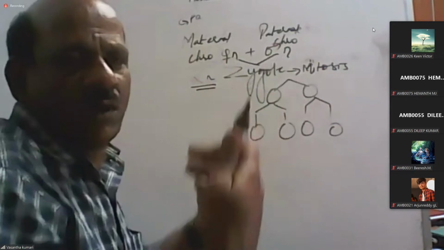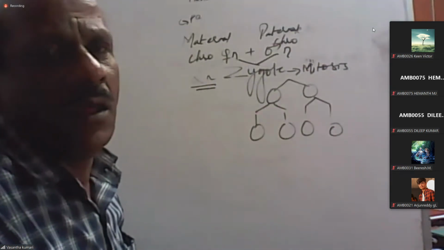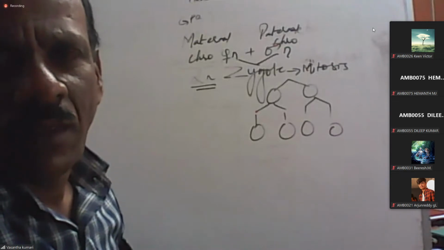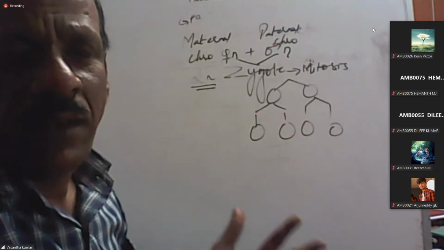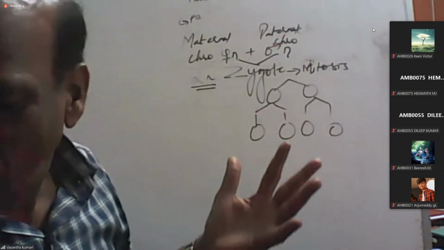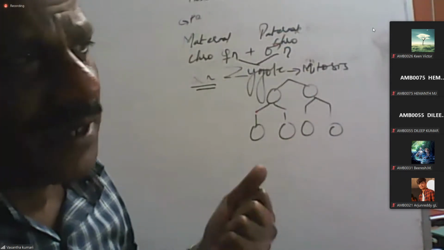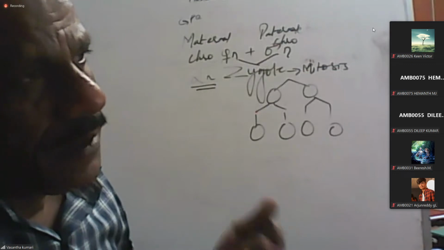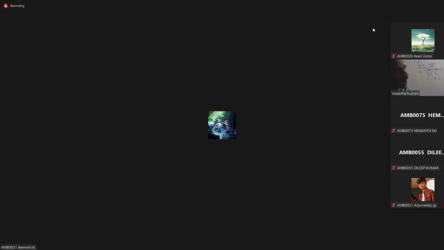And that is what we are. We are made of a few billion cells. Did you get it? Yes, sir.